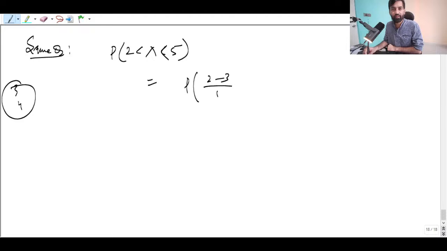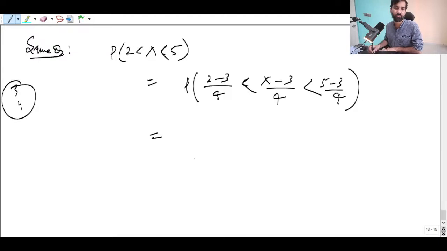So (2 minus 3)/4, (x minus 3)/4, (5 minus 3)/4. Whatever you are doing, you have to do in all the terms. This becomes minus 1/4, and this is g. You just replace this by g directly, no problem, right? You don't have to do anything.